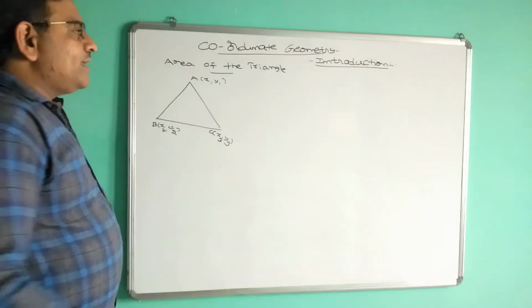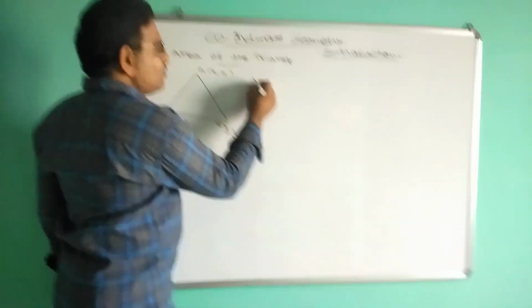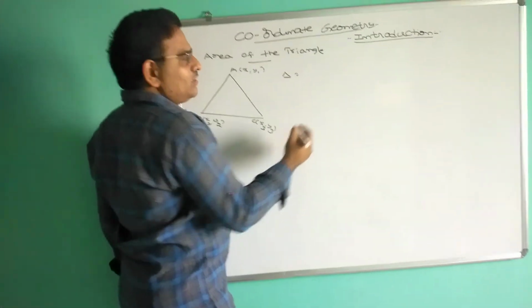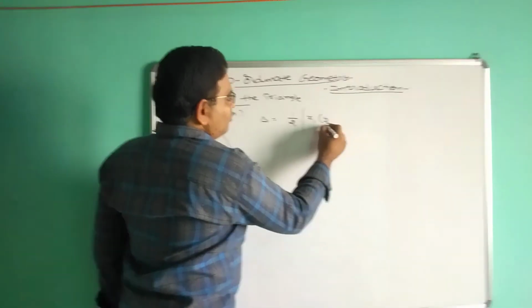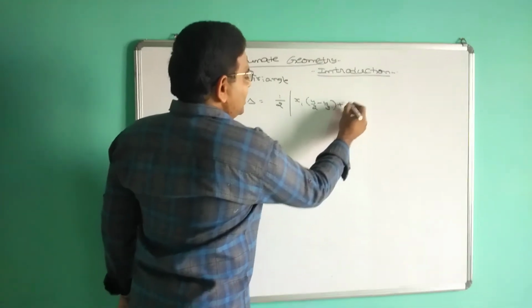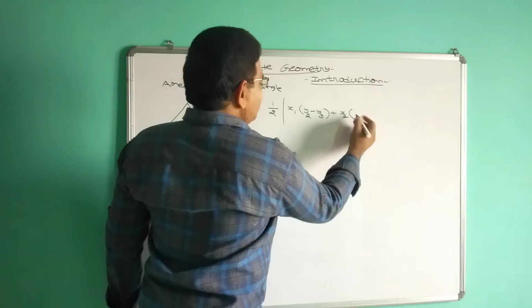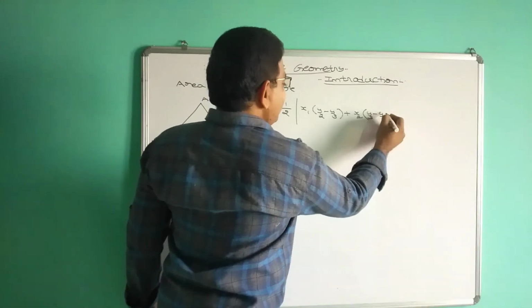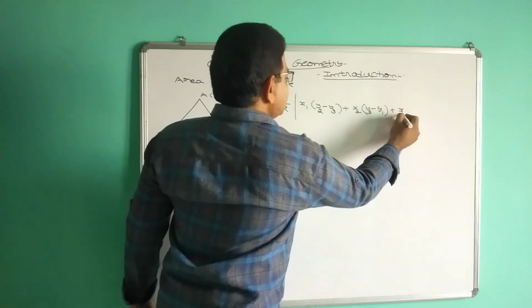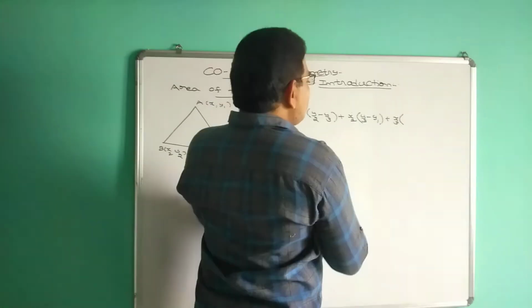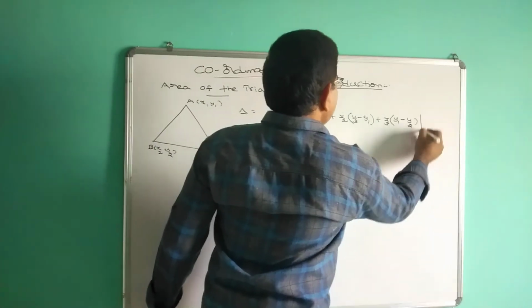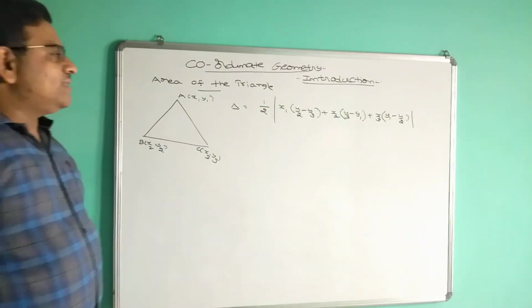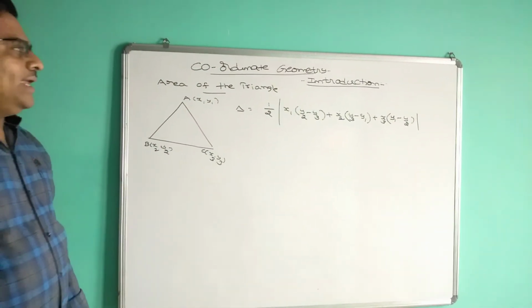Then how to find the area of the triangle? It is denoted with the symbol delta equal to half into modulus of x1 into (y2 minus y3) plus x2 into (y3 minus y1) plus x3 into (y1 minus y2). It is the formula for the area of the triangle.